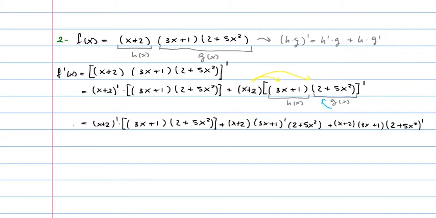And now we just calculate those. Okay, we know the derivative of x plus 2 is just 1, and that's going to be multiplied by this thing.